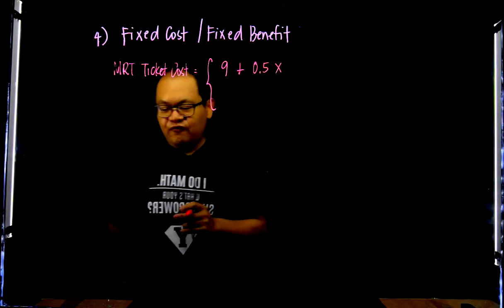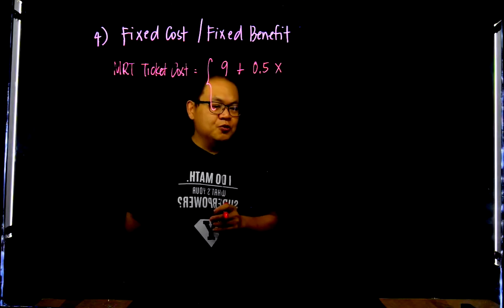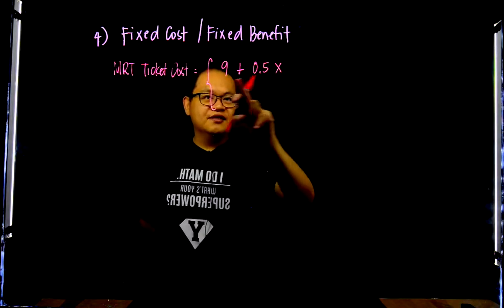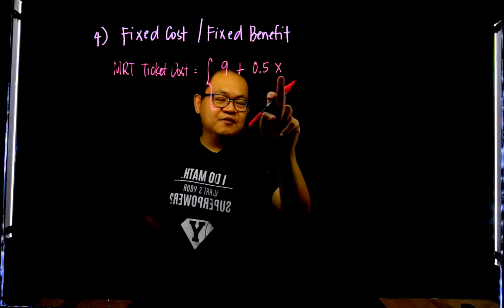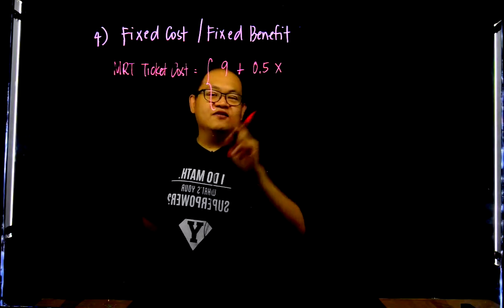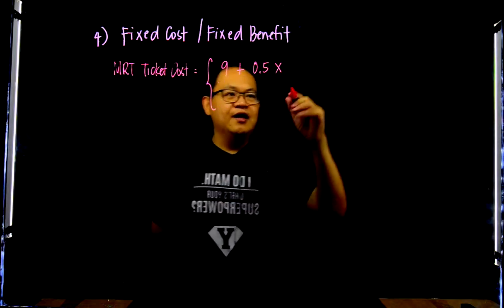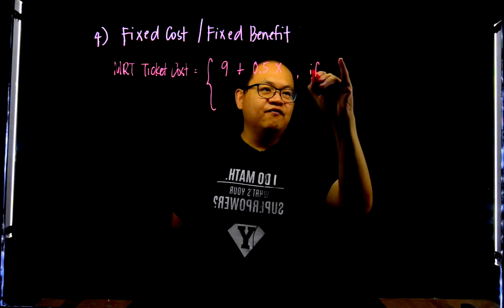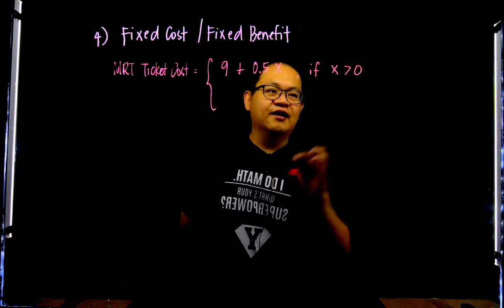So if from point A to point B, you will pass through 10 stations, then your ticket cost is 9 plus 0.5 times 10, that's 5. So 9 plus 5 is equal to 14. Okay? And your ticket cost is 9 plus 0.5x if you are riding the MRT.